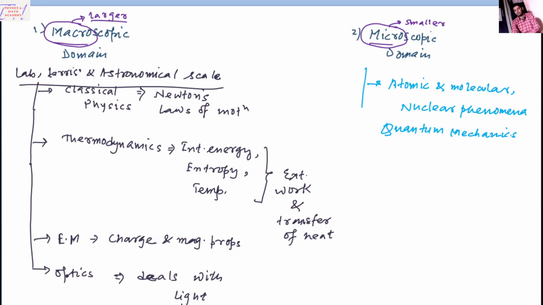Quantum mechanics also. From here, you can easily introspect the microscopic domain. It is your basic knowledge, I think, that particles construct an atom and atoms construct a molecule.